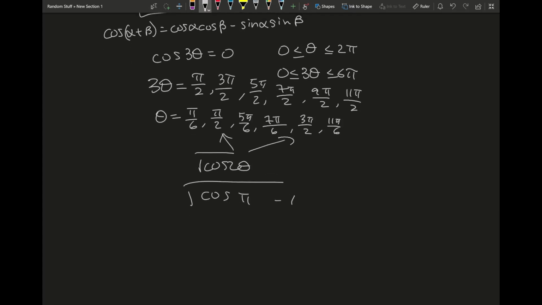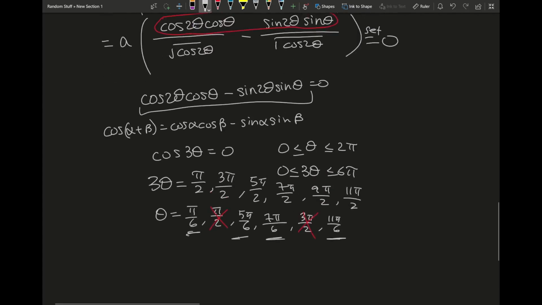And same with 3 pi over 2, where 3 pi is also going to be negative. So we can't have that in our domain. So these values are deleted, and we're left with 4 angles.